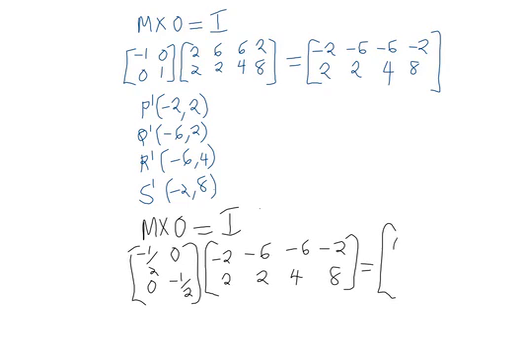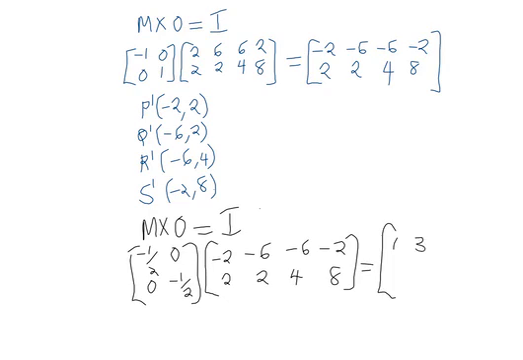First row, second column, negative half multiplied by negative 6 to give us positive 3, plus 2 multiplied by 0, which is 0, so here we'll have 3.